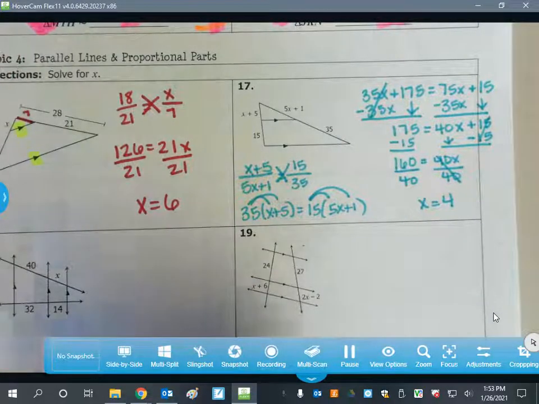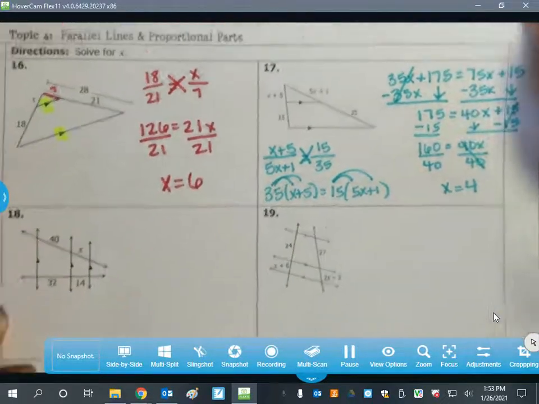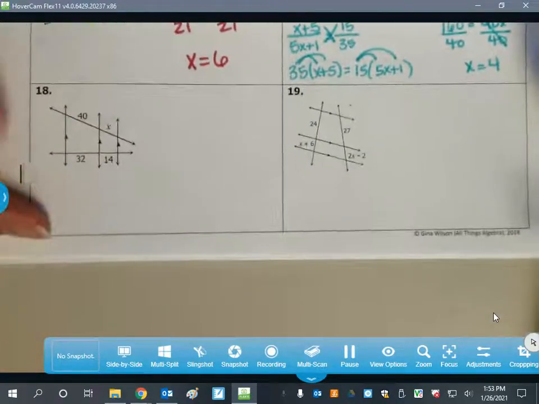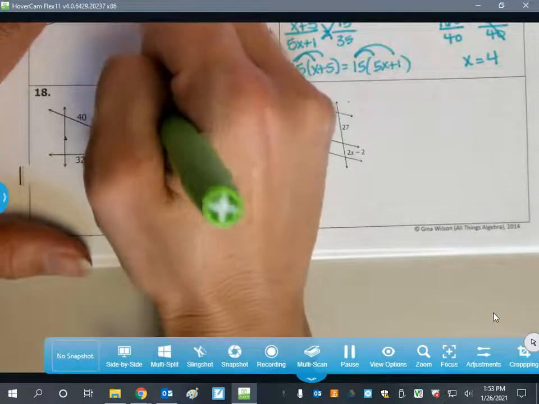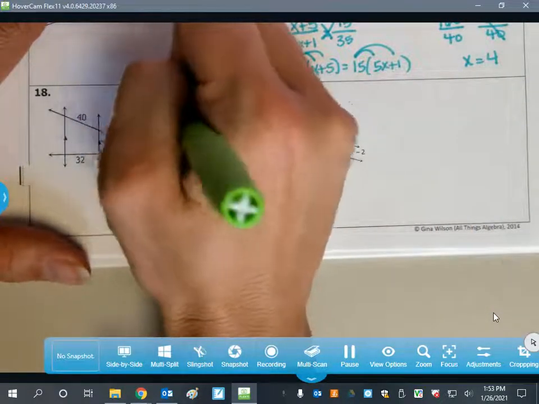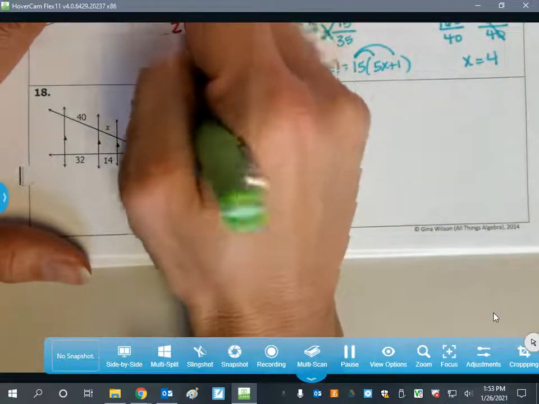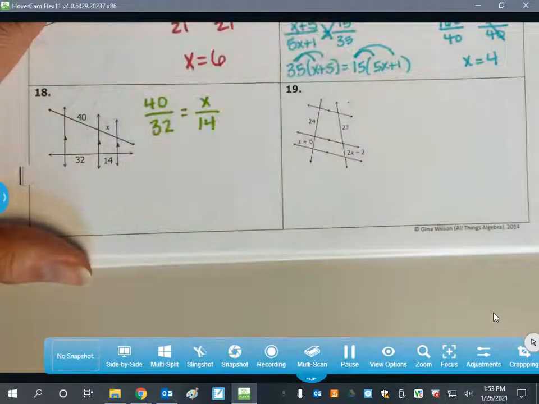All right, this works the exact same way when you have sets of parallel lines as shown in 18 and 19. So let's go ahead and set up our ratio for 18 and solve for x. That ratio that you should have set up would have been 40 over 32 equals x over 14.